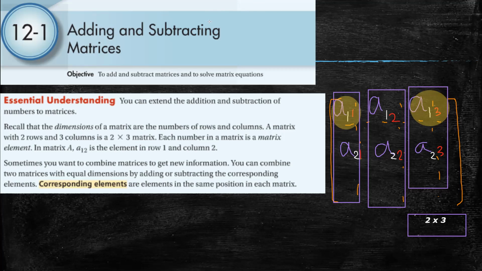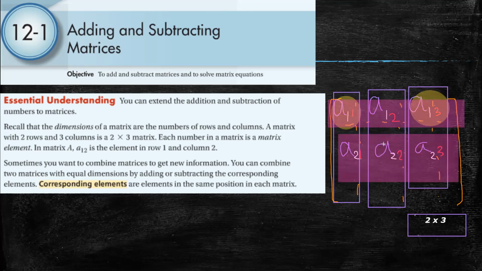Now, how many rows? This is the first row, and this is the second row. That's why we say 2 rows and 3 columns. Okay, so this is the matrix. Inside the matrix we have numbers.